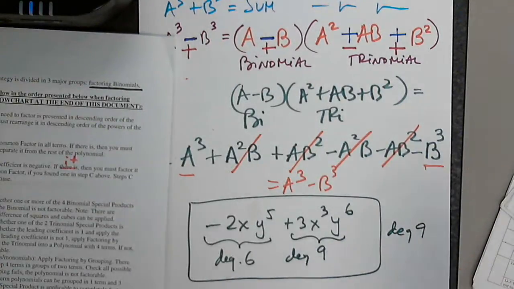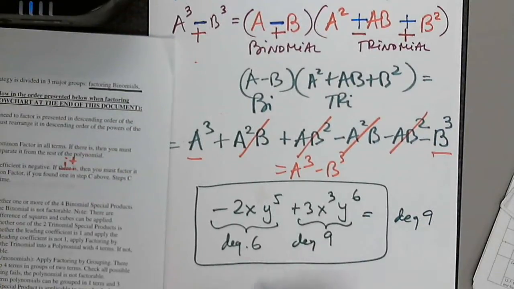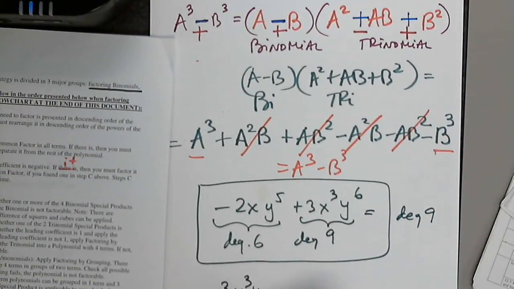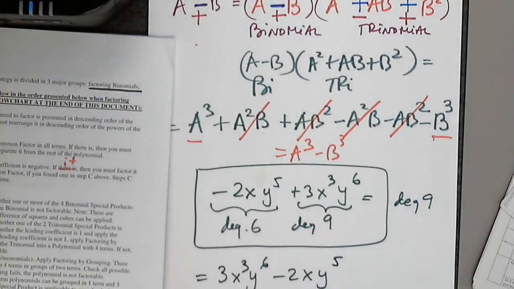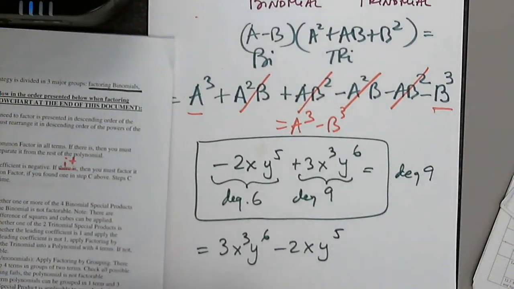9. So therefore, I will rearrange this polynomial as 3x cubed y to the 6th minus 2x y to the 5th. Because I have to arrange it in descending order. It is always wise to arrange it in descending order. Good. So now I see it has common factors.